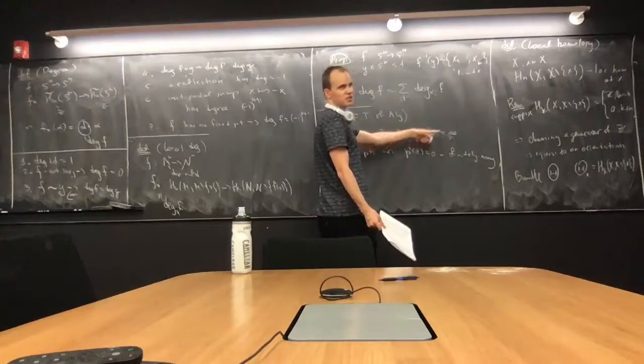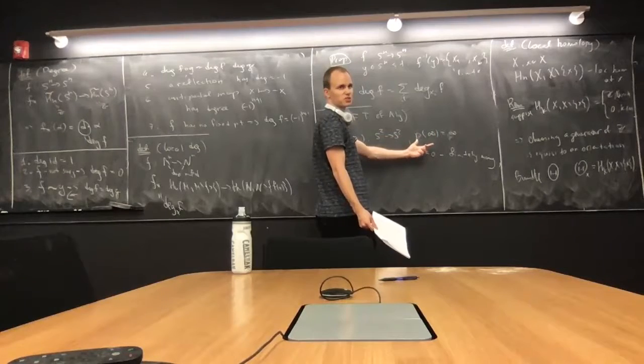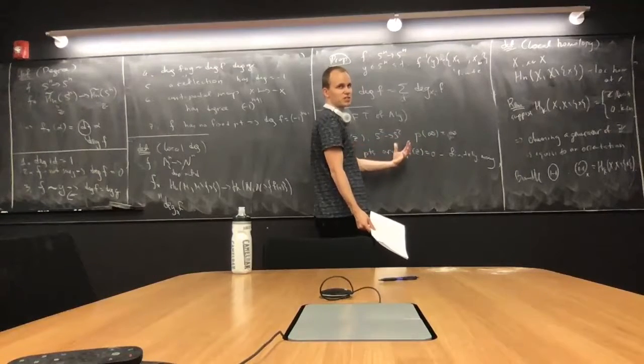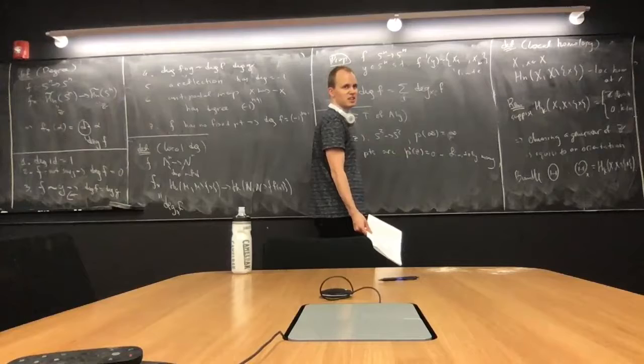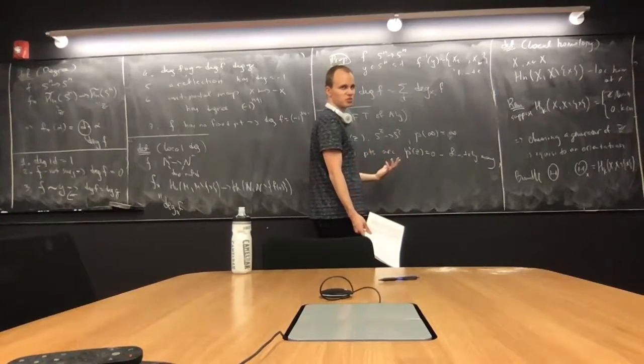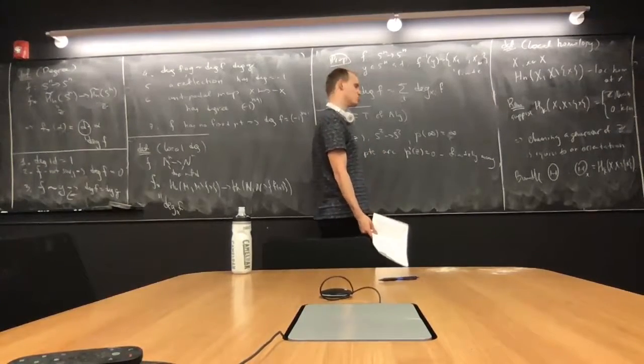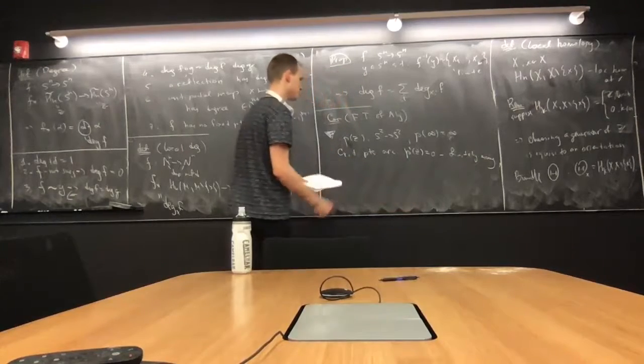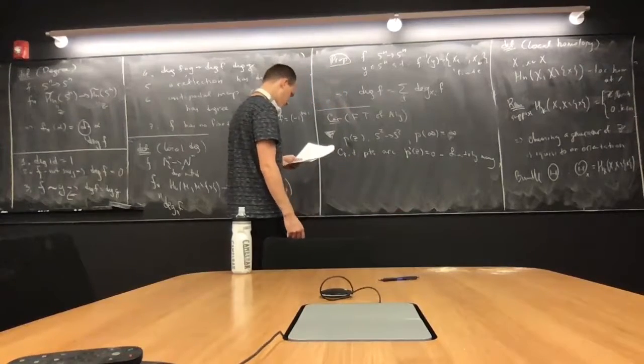Because it's infinity at infinity, all of its zeros must be contained in a compact subset of the complex plane. And if there were infinitely many of those, they would have to have a converging subsequence, which would make the whole polynomial 0 by properties of holomorphic functions. Okay, so definitely finitely many.